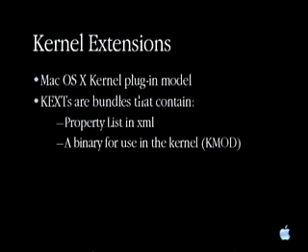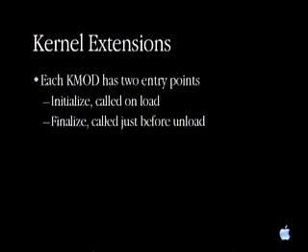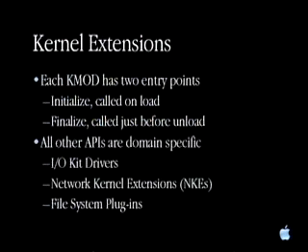And we try and keep the structure of these things much like an application bundle, in the sense that we have bundles that have property lists and the binaries for the actual thing that gets loaded. And there's tools for loading and unloading these things in the system, as well as some common APIs that are supported for this.